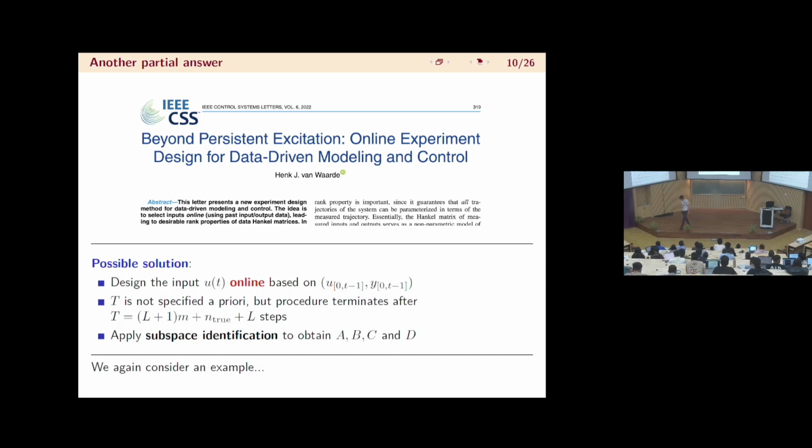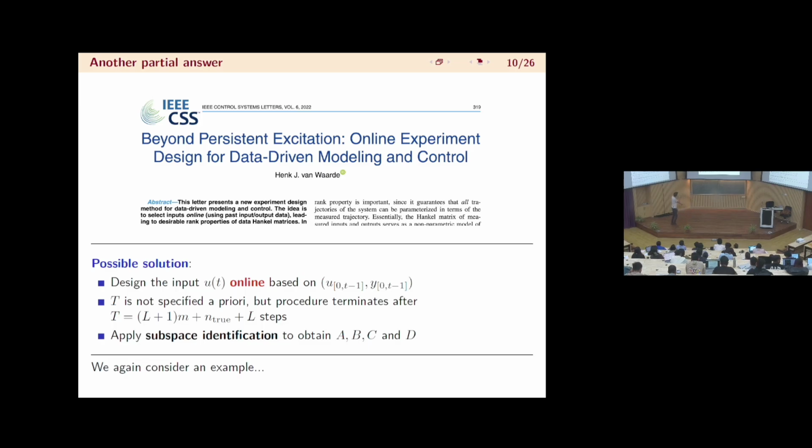Very good point. Yeah, indeed. This is a nice observation. What I did not know at the time of writing this paper is that one could vary the depth of the Hankel matrix.